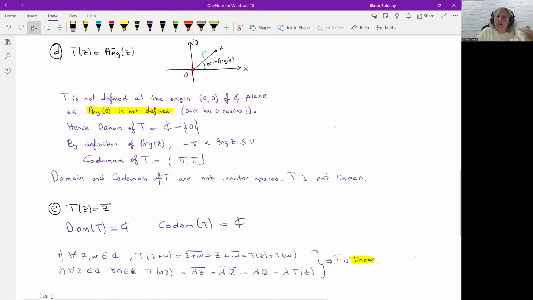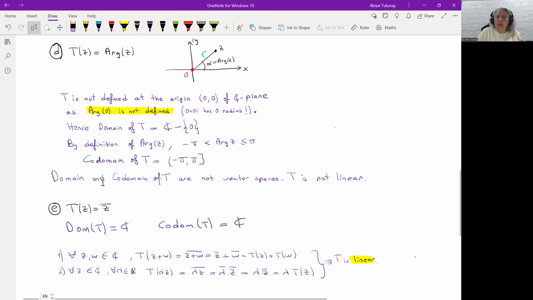The codomain is not just any angle, but between minus pi and pi, because this is the principal argument. It is the first round, from minus pi to pi, either this one or this one. So the codomain is between minus pi and plus pi.